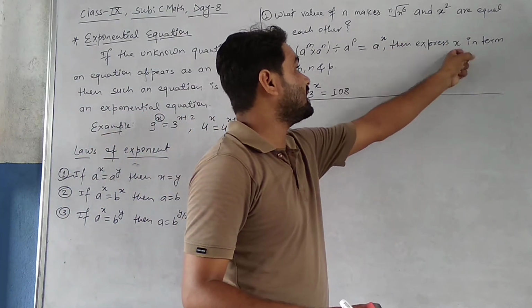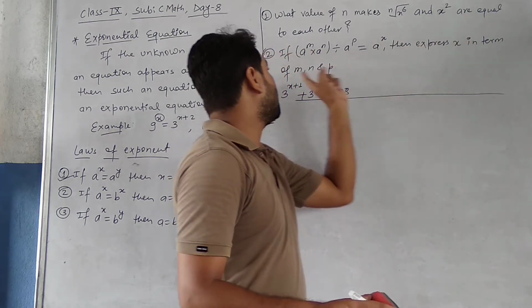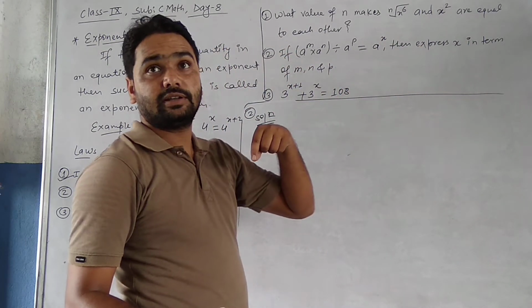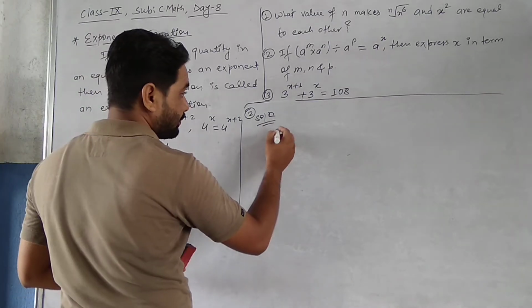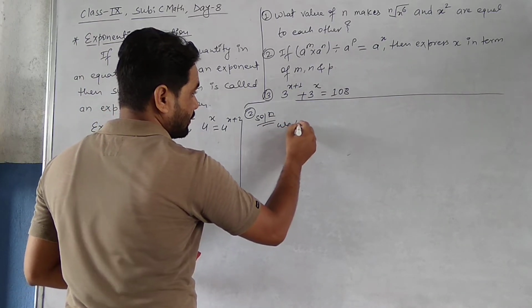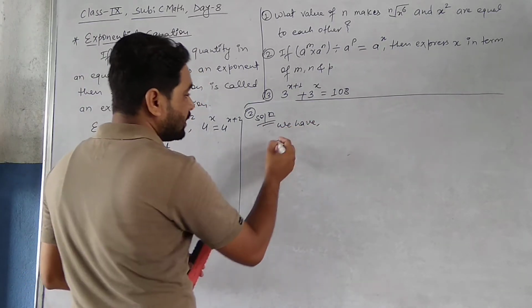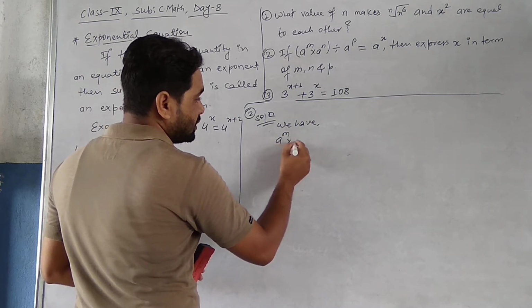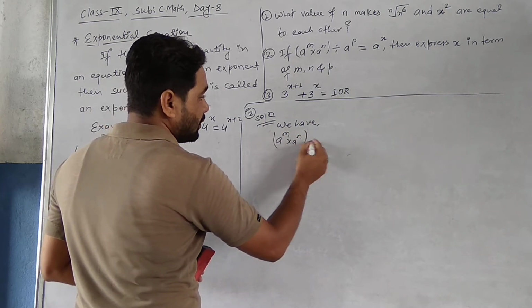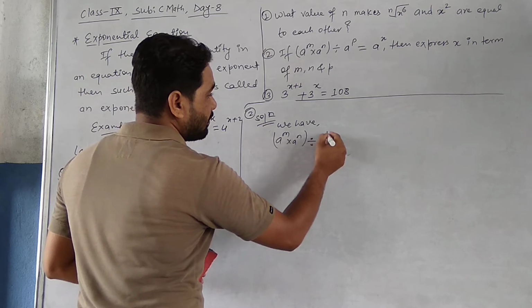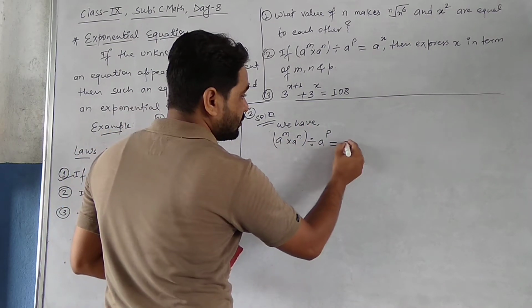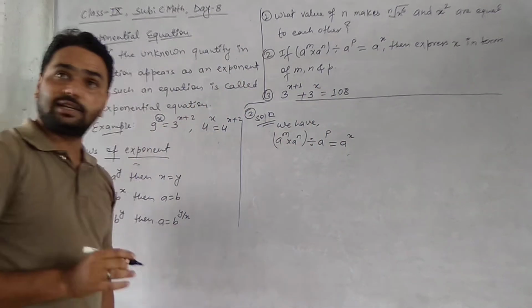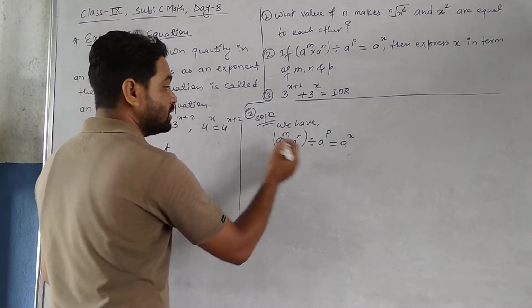Then express x in terms of m, n and p. This is the given. First of all we use the indices law now.